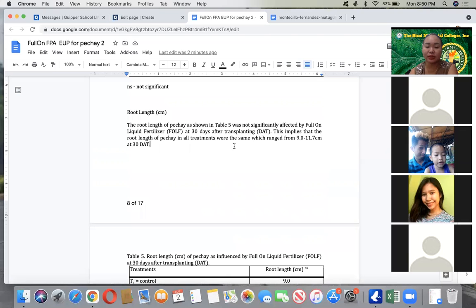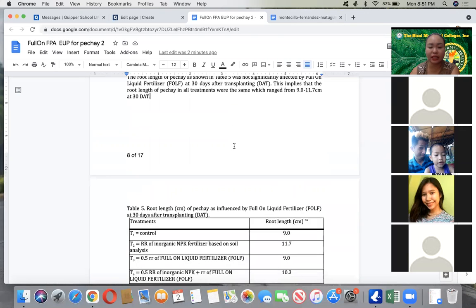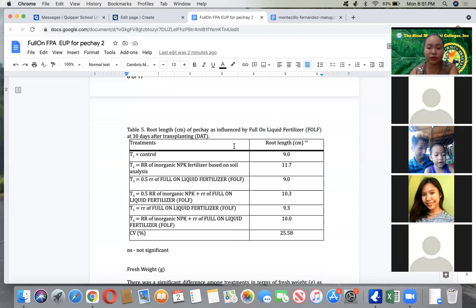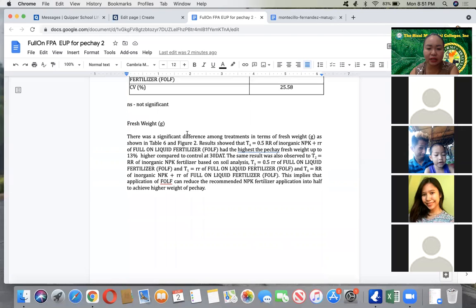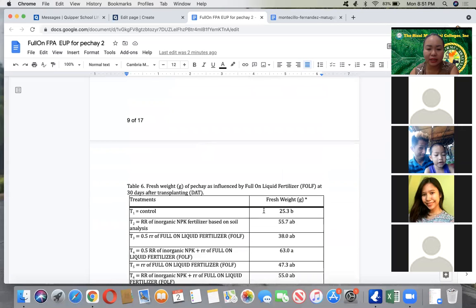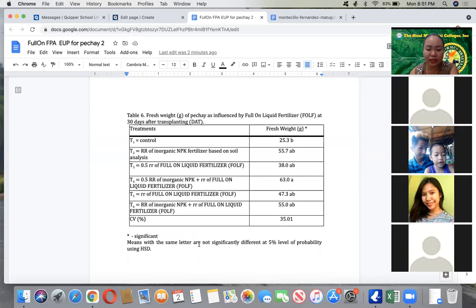So like you will say it's also the same, no? If the same effect is also observed in Untal 2021, no? In the case of carrots or so on. So yung root length din niya NS, pero in terms of fresh weight, is significant na siya.